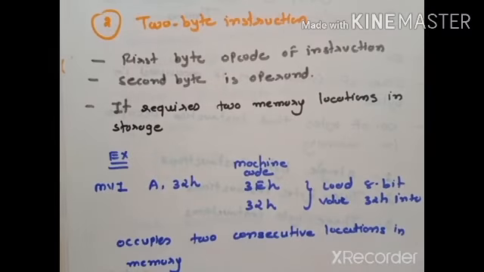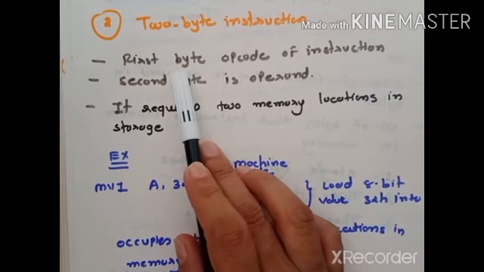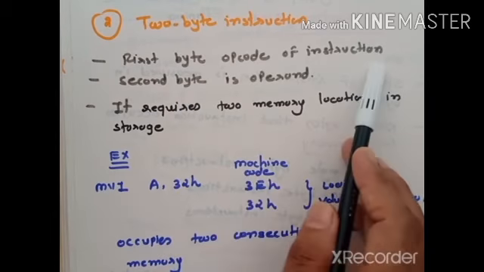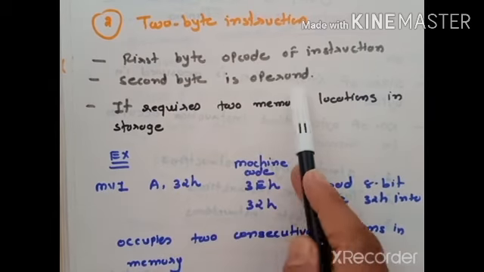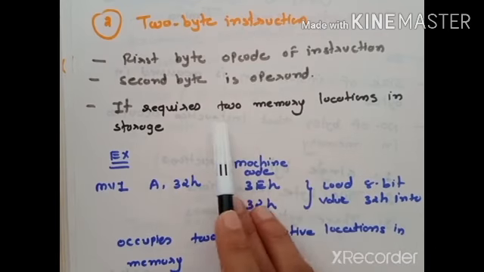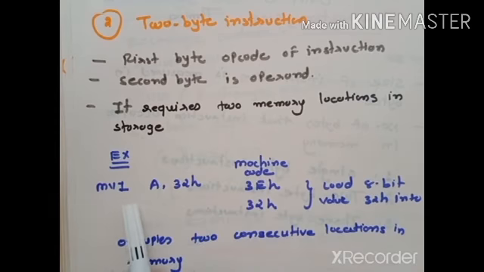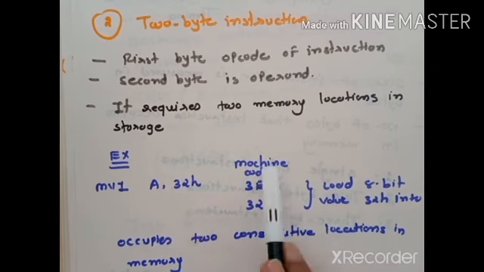Second, 2 byte instruction. In a 2 byte instruction, the first byte is the opcode of the instruction and the second byte is the operand. Then it requires 2 memory locations in storage. The example of this instruction is MVI A,32H. This instruction occupies 2 consecutive memory locations.